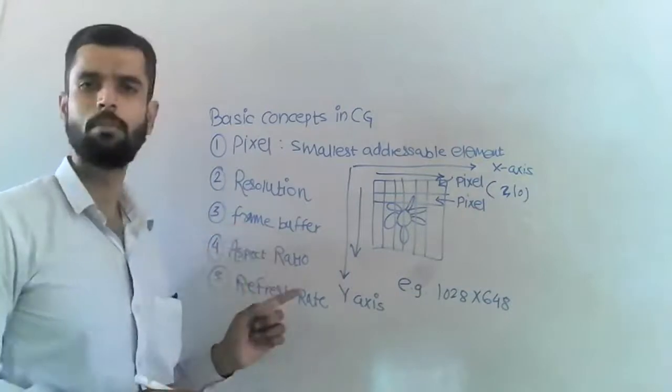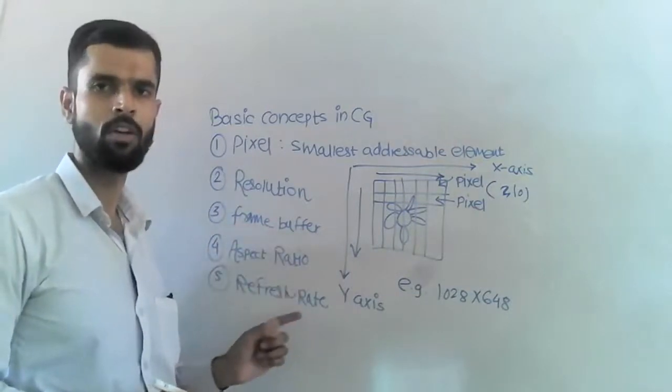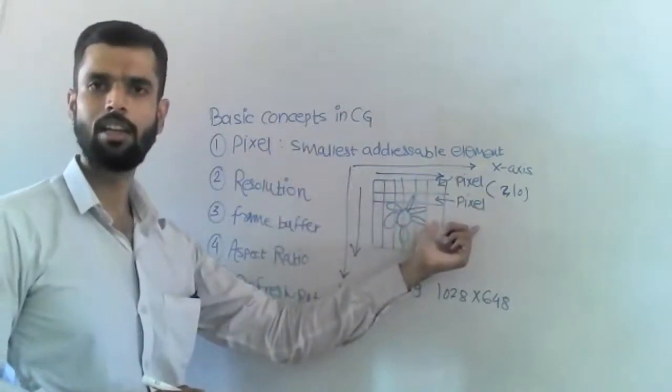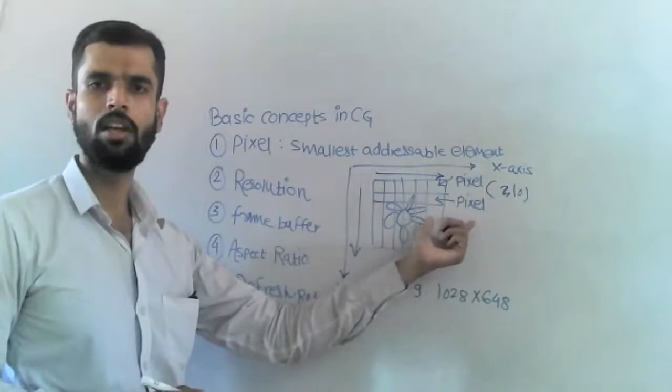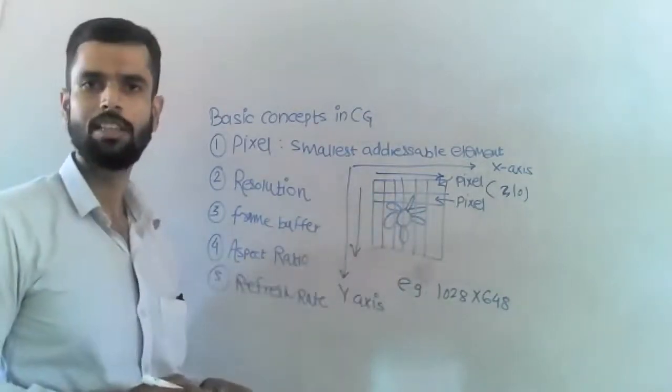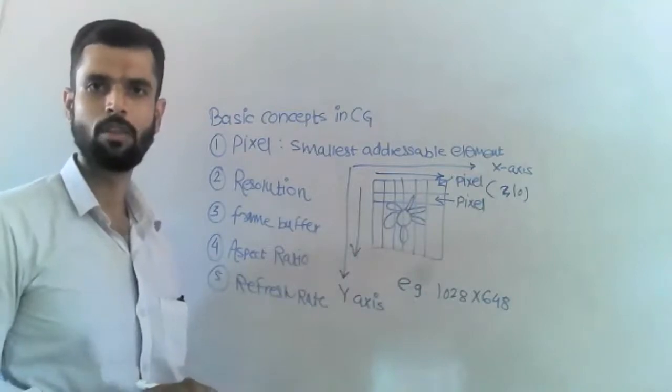Now the third concept is frame buffer. What is frame buffer? The pixel, as I have said, is the smallest addressable screen element present on the computer screen. These millions of pixels have to be stored somewhere.